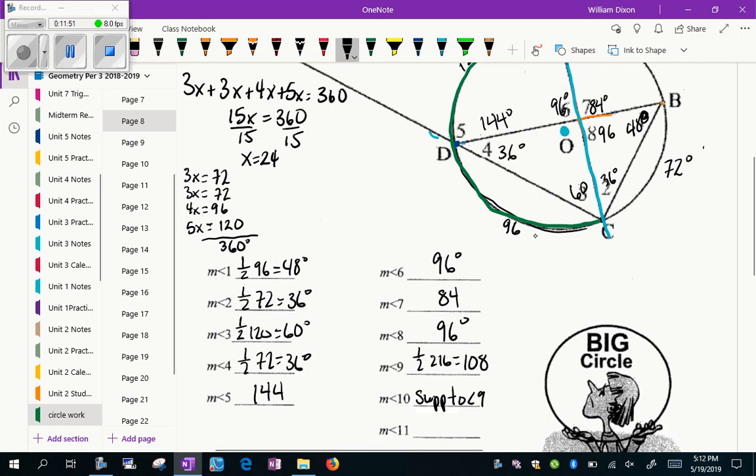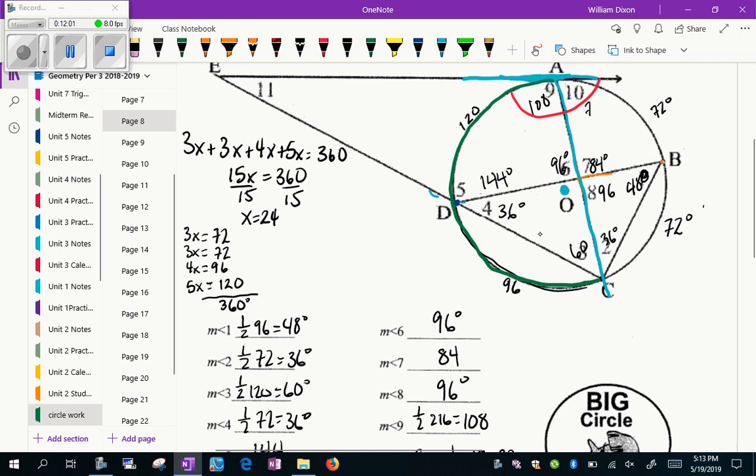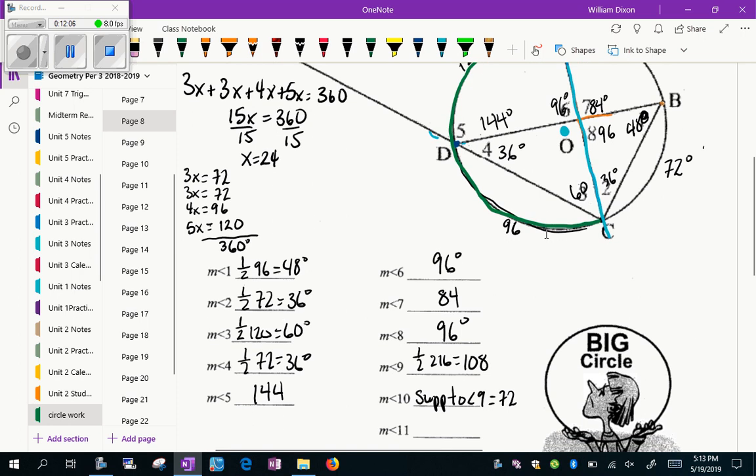All right, so if angle 9 is 108, then angle 10 is 72 degrees. Now we are at the last one, 11.